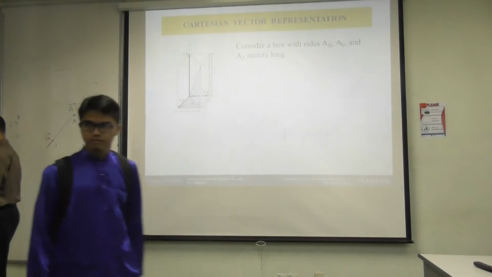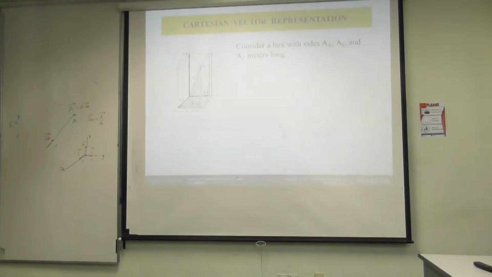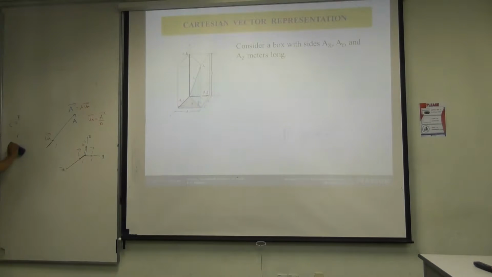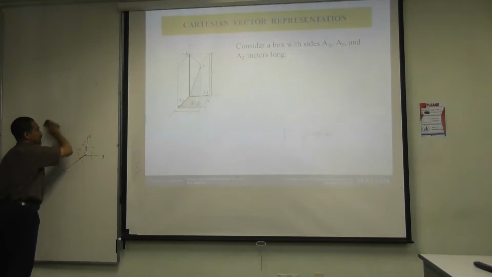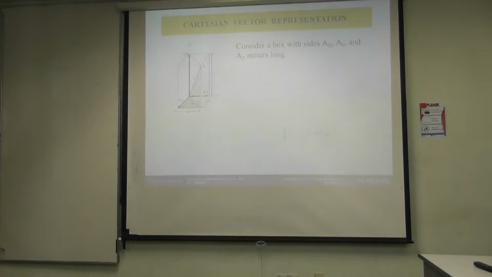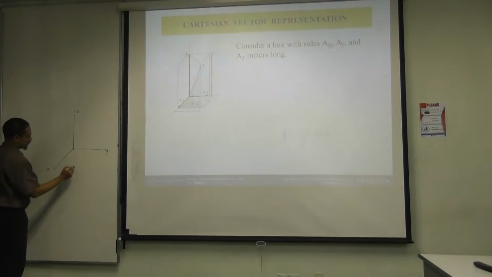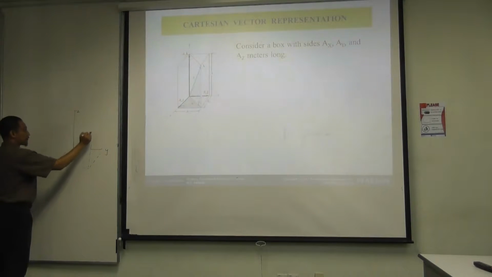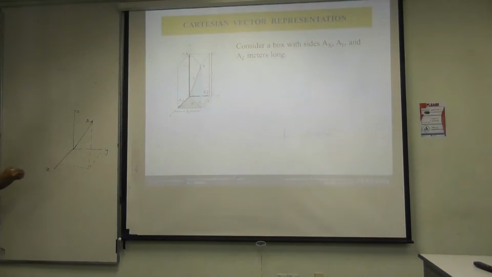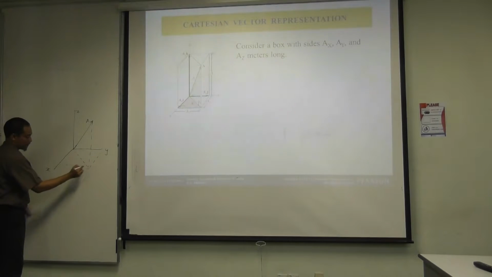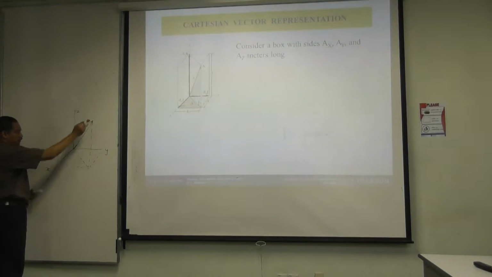Now, about 3D vector. How to express it? This is also something that I believe you have learned before. If we consider a 3D space in the x, y, z axes, and we have a vector like this, let's say A. It means that if this is projected on this plane, it will be like this, and this is projected x and y.